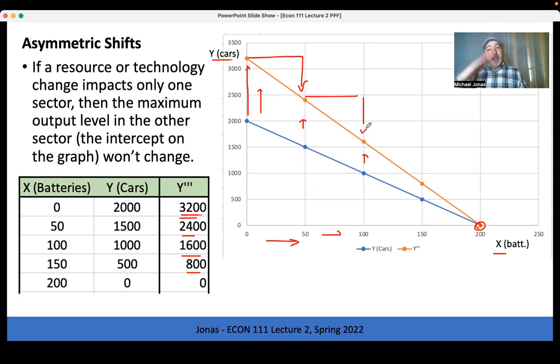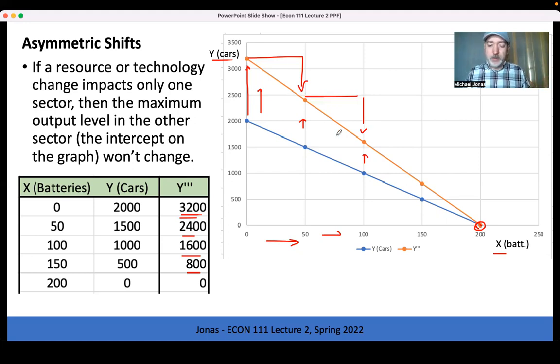And we see, because that line is steeper now, the decrease is actually larger. In effect, the opportunity cost is increased because we got better at producing cars. So every battery means the transfer of resources is more costly. They could have been more useful now in the production of automobiles in that Y sector.